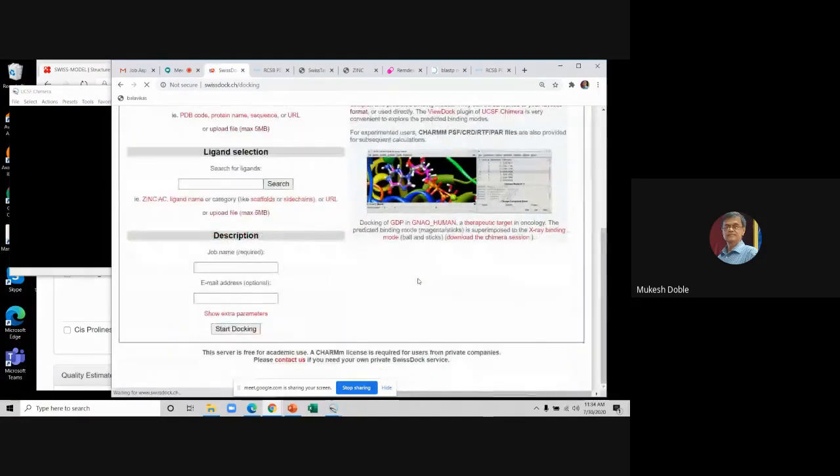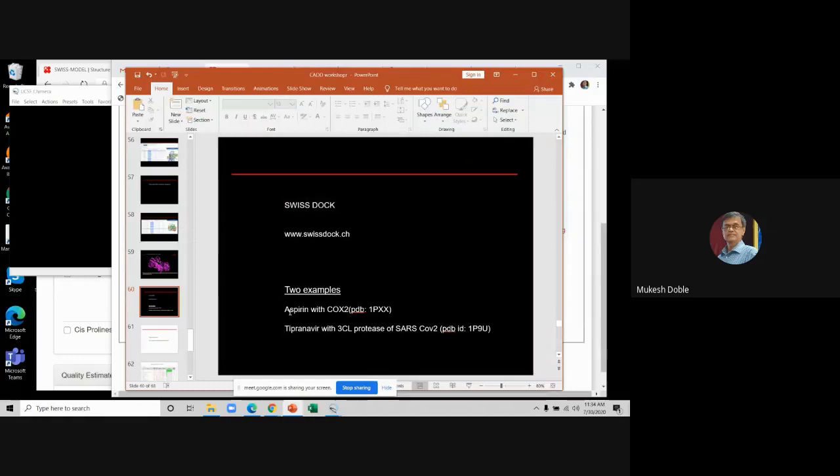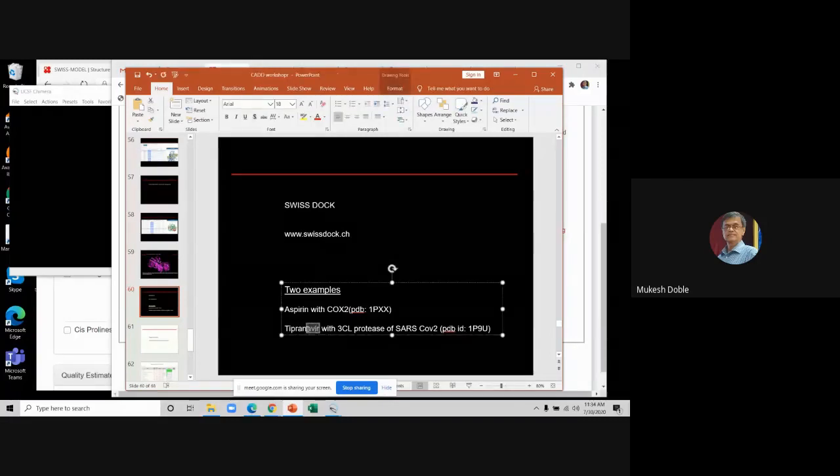Similarly, I also did another one. We saw aspirin with COX-2. Now tripanavir. This is an antiviral drug that binds to the 3CL protease of SARS. There is a crystal structure available for the 3CL protease of SARS, so we can run that also.